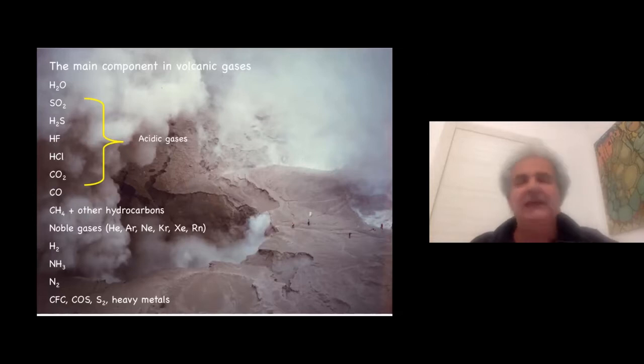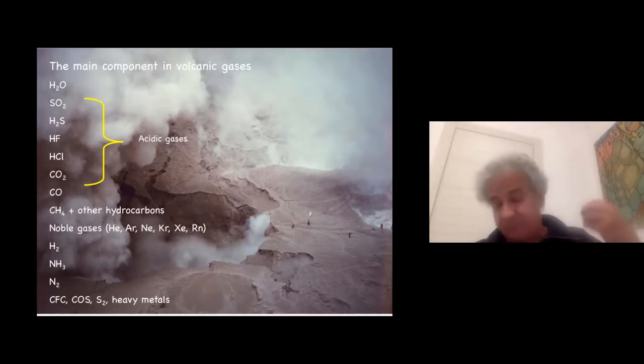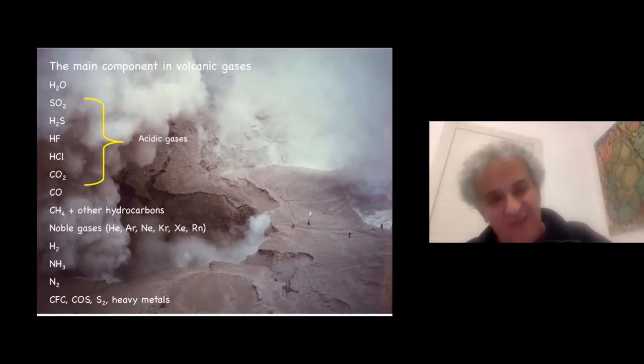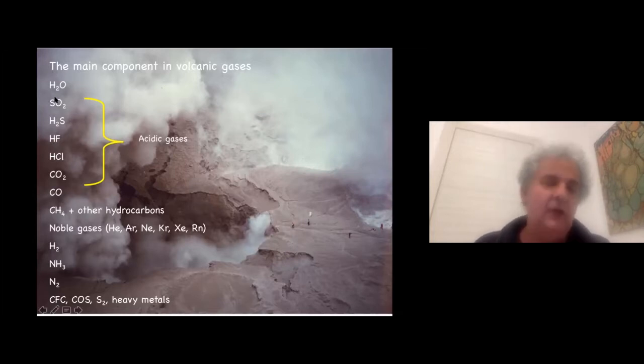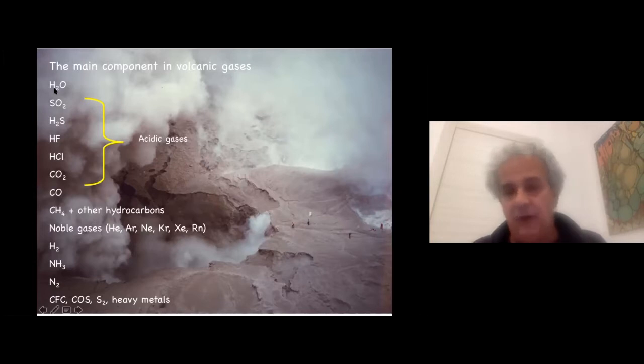There must be different sources that are basically affecting what we are going to collect at the surface. But we have some important points. First of all, we have steam. That is the most important compound. In the volcanic gases, it may reach 99%.